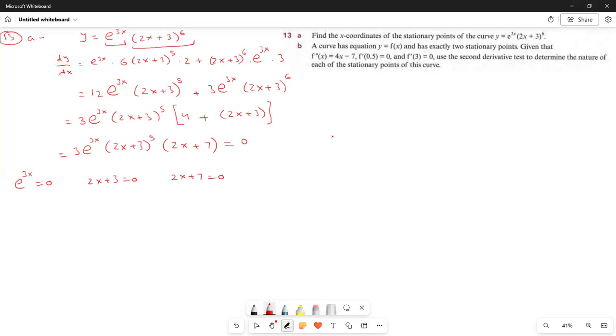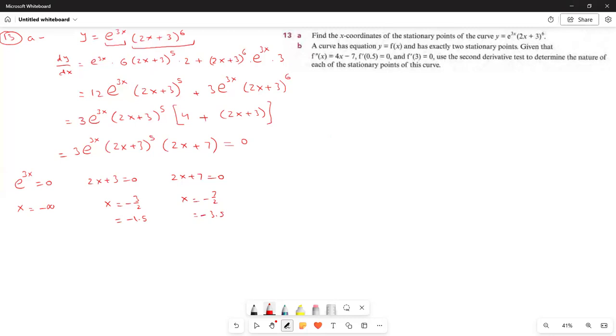From the first we see that x has to be negative infinity. From the second, x is equal to minus 3 by 2, which is minus 1.5. And from the third, x is equal to minus 7 by 2, which is minus 3.5. So in fact, there are two stationary points.